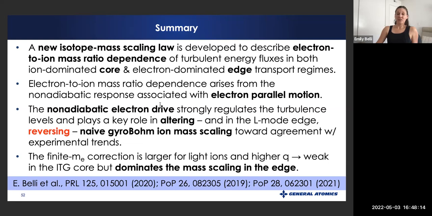The non-adiabatic electron drive regulates and strongly destabilizes the turbulence and plays a key role in altering, and in the case of the L-mode edge, reversing naive gyroBohm ion mass scaling toward agreement with experimental trends. The finite electron mass corrections from the non-adiabatic electron drive are generally larger for lighter ions like hydrogen and for higher safety factor, such that while they are generally weak in the ITG core, they tend to dominate the mass scaling in the edge.